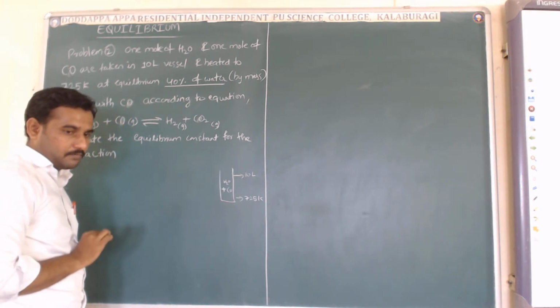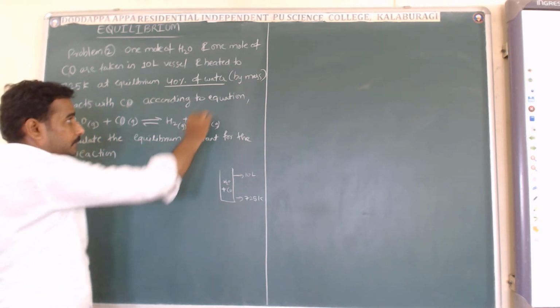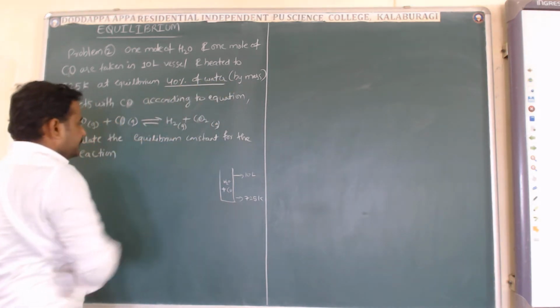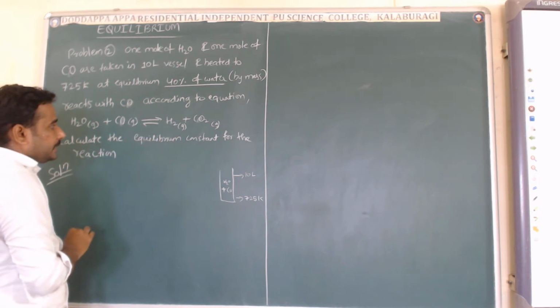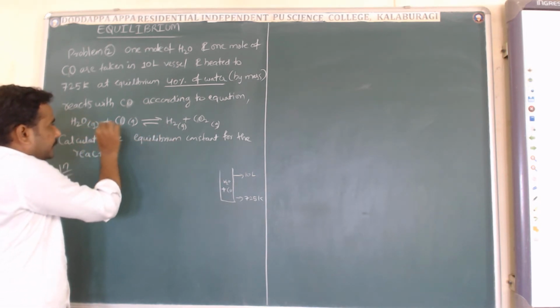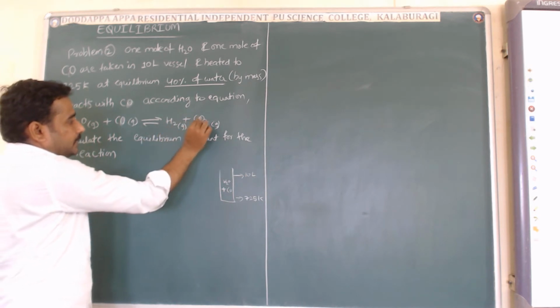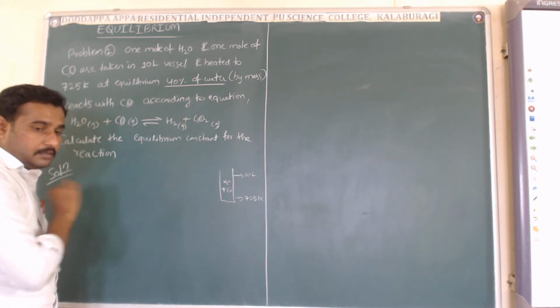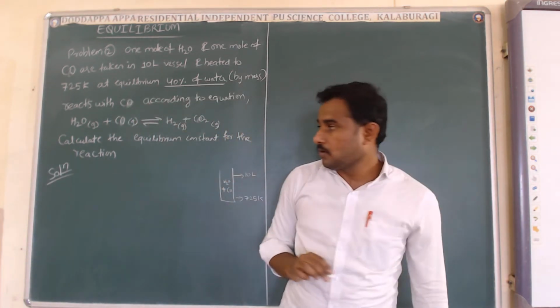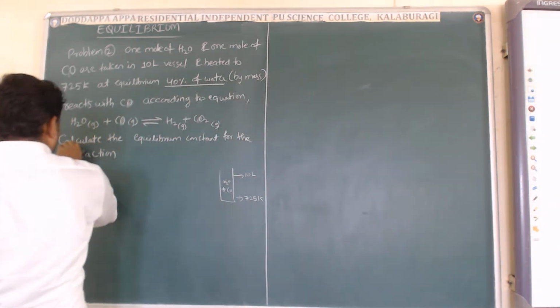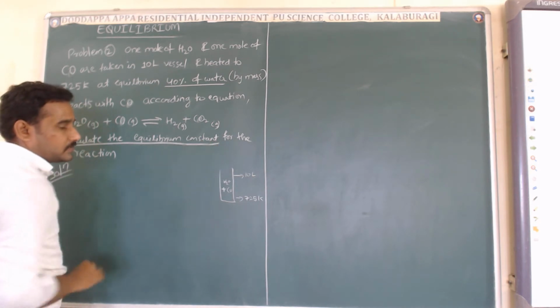You have to remember that, it is a very important point. Then equilibrium is attained, giving hydrogen and carbon dioxide. We have to calculate the equilibrium constant.